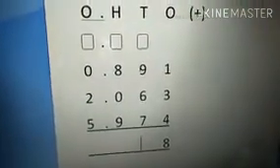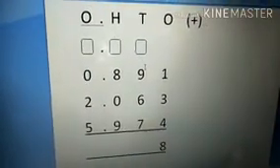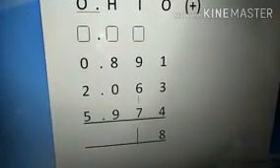Next we come to the tens column. You take 9 in the mind. You take 6 fingers. After 9: 10, 11, 12, 13, 14, 15.